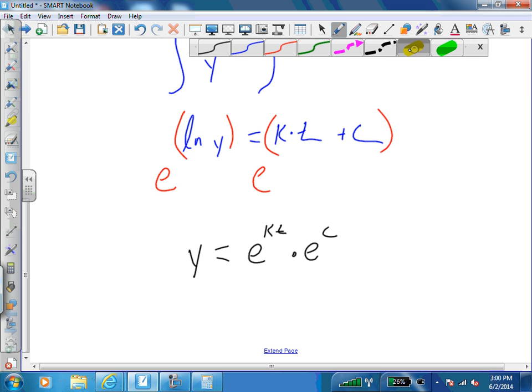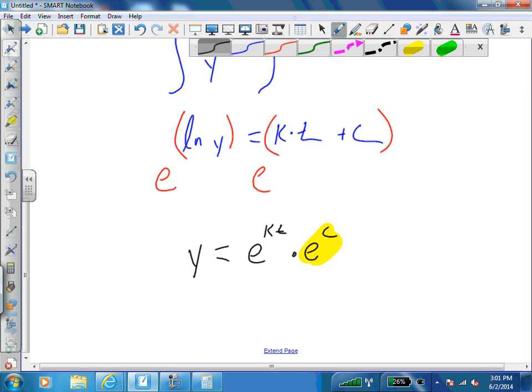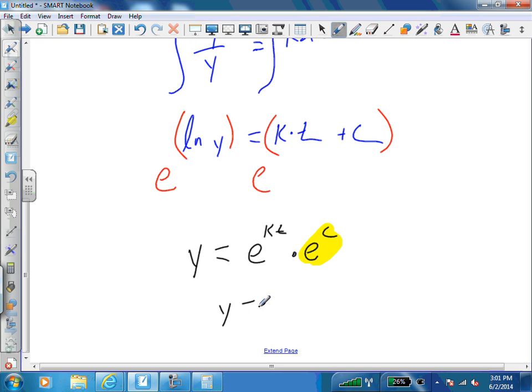That's a constant. If I take a constant and raise it to a constant power, would you say that's a constant or a variable? A constant. If I take a number that's not changing and raise it to another number that's not changing, that entire piece is a constant. So let's just call that capital C. Now this part is variable. Our exponent varies. This is a constant, this is a constant, but if any part is a variable, then that varies.